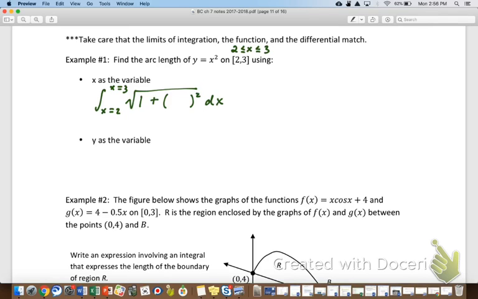Clearly dy/dx is an easy one here, it's just 2x. This gives me the integral from 2 to 3 of the square root of 1 plus 4x squared. There are all kinds of tempting and terrible things somebody could do here, like saying the square root of 1 is 1 and the square root of 4x squared is just 2x, all those horrific crimes against math. If you're honest about this, I don't know that there's going to be a real simple antiderivative.